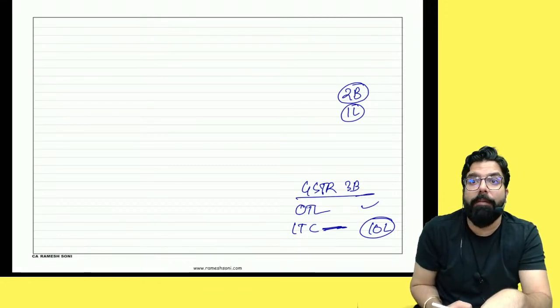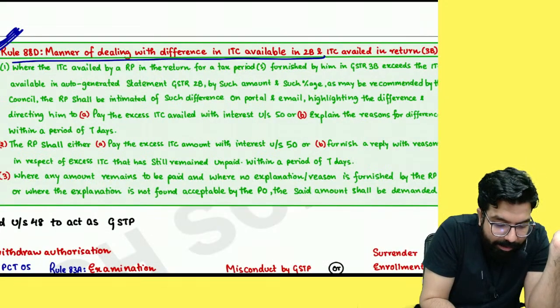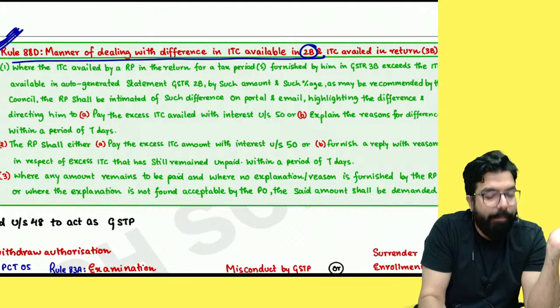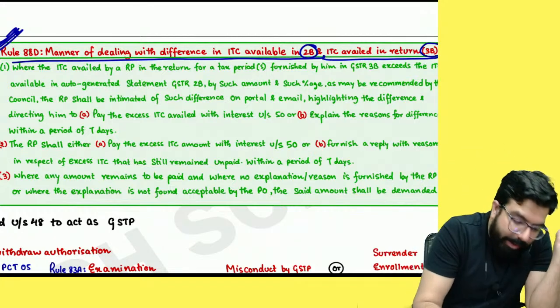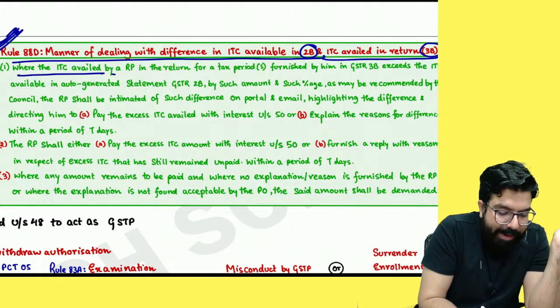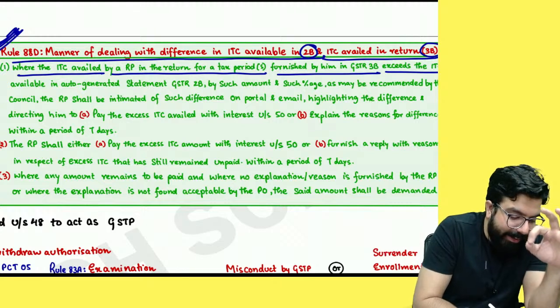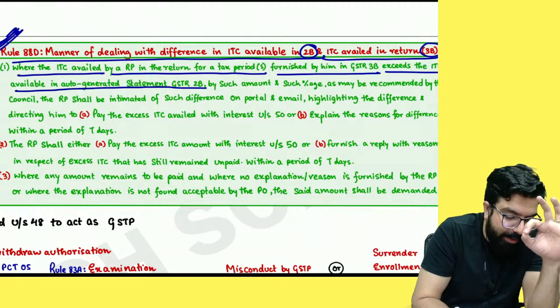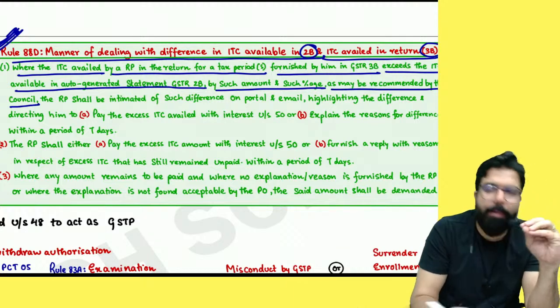Yes or no, everyone? They are going ahead and telling the manner of dealing with the difference in the ITC in GSTR 2B and the ITC which you have taken in your GSTR 3B. They are telling, where the ITC availed by a registered person in the return furnished by him exceeds the ITC available in the auto-generated GSTR 2B by such amount and percentage as will be told by the council.